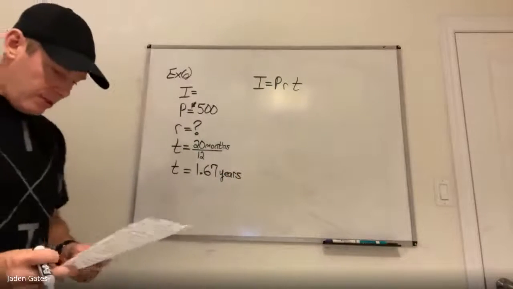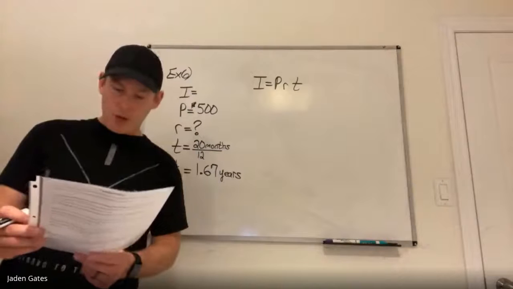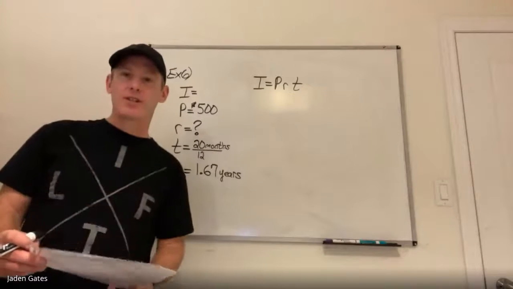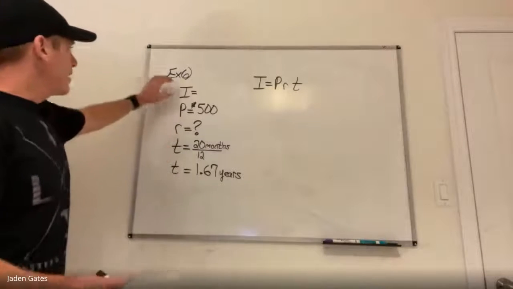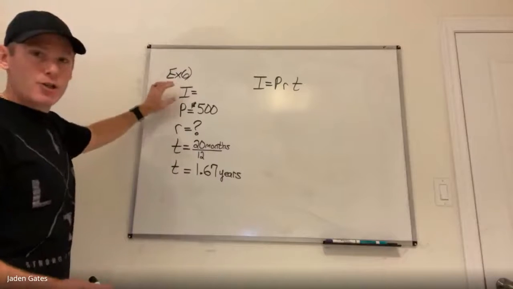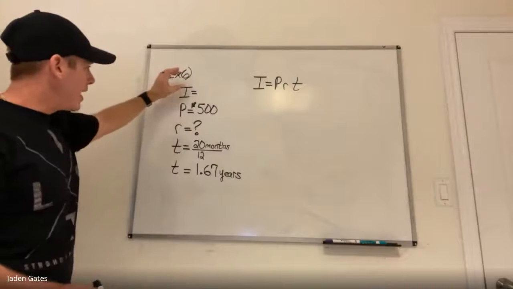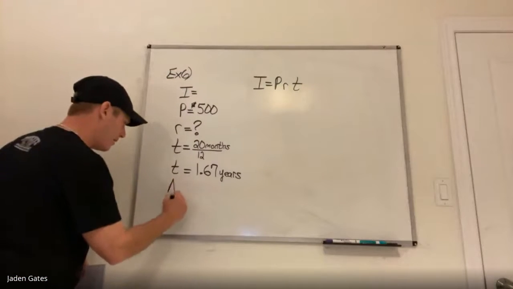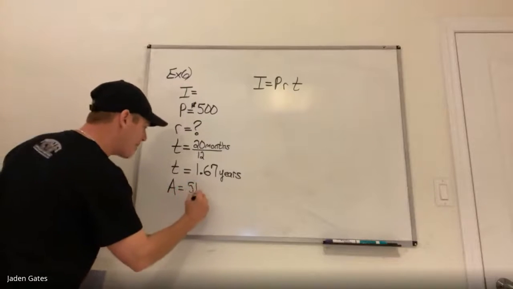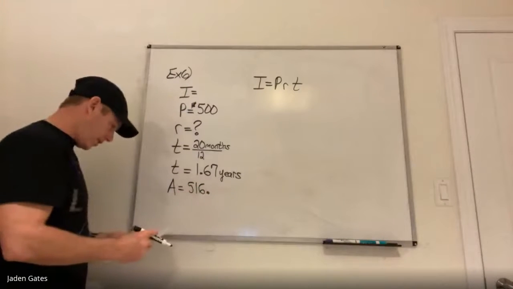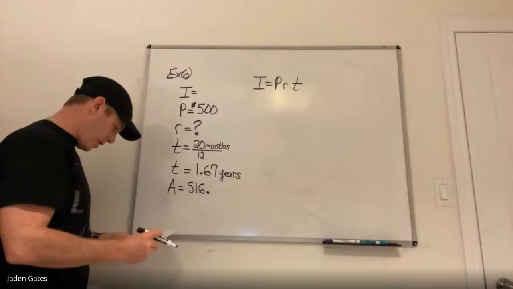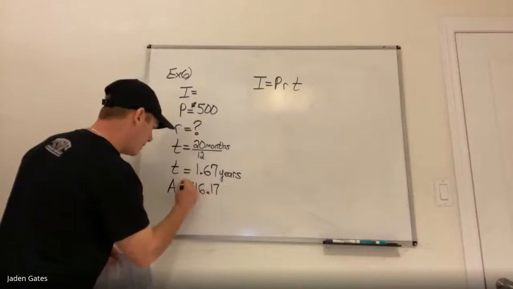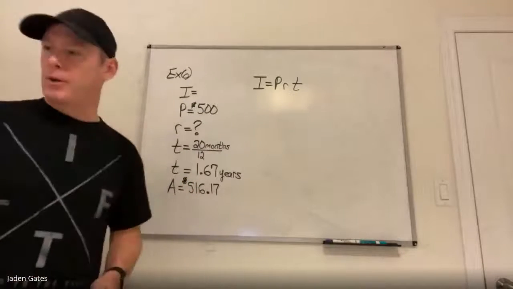All right, now here's a little bit of a trick: after 20 months, there was $516.17 in her account. Now that's not the amount of interest, right? She put 500 in, and now there's 516 in there. So what we're really getting is that 516.17 is the amount. Now again, your amount is your principal plus the interest.